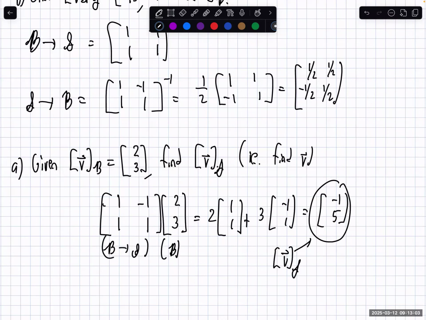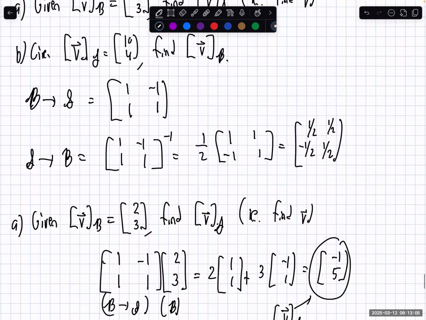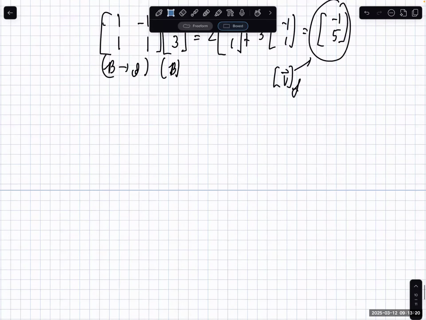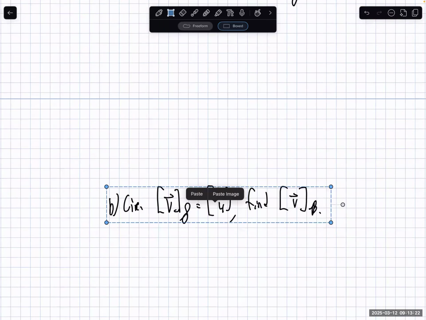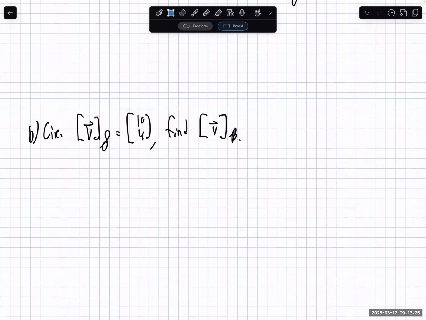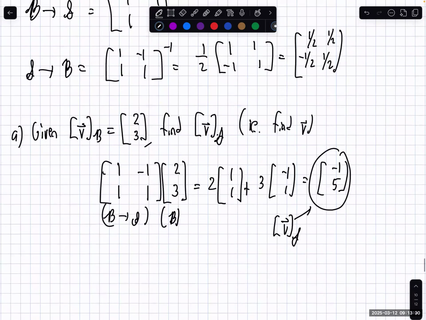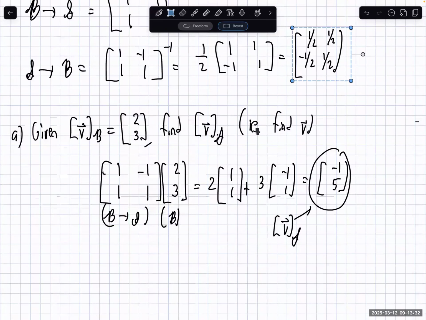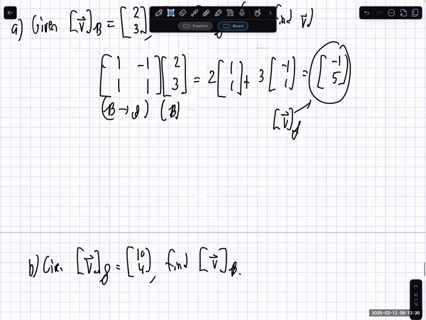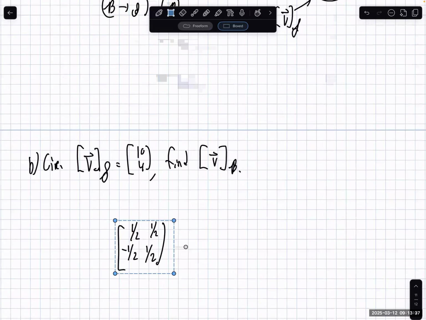The coordinates of V relative to S. So that second problem, we use the S to B conversion matrix.